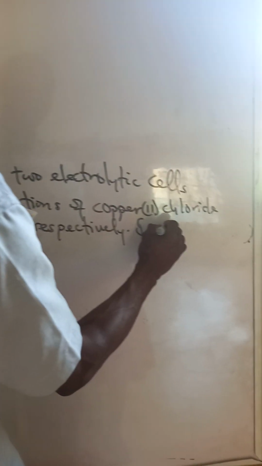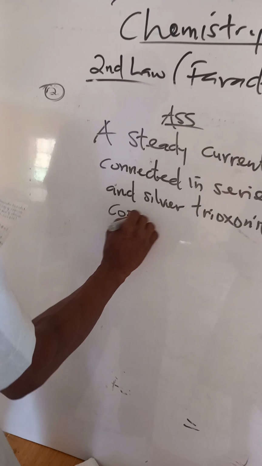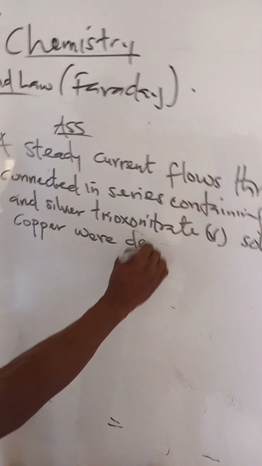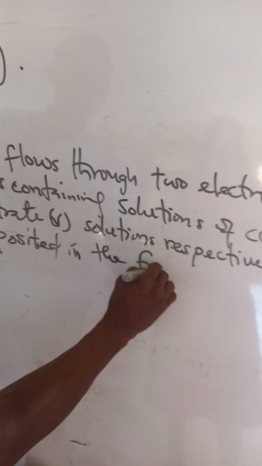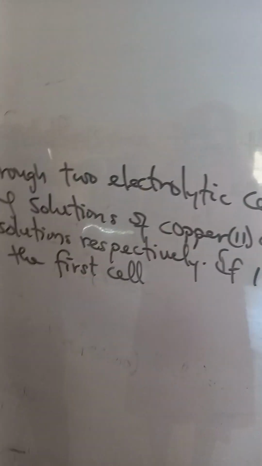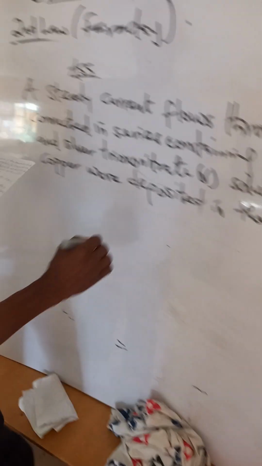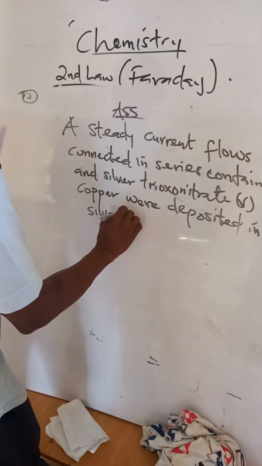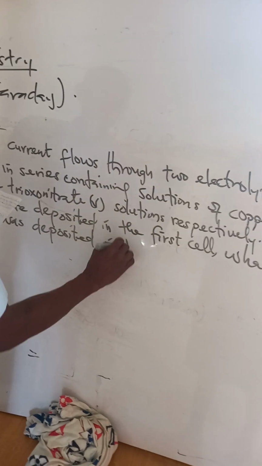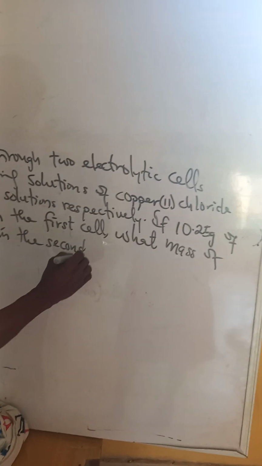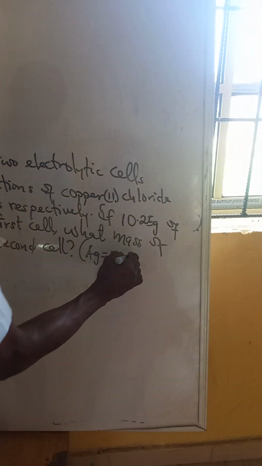If 10.25 grams of copper were deposited in the first cell, calculate the mass of silver deposited in the second cell, given that silver is 108 and copper is 63.5.